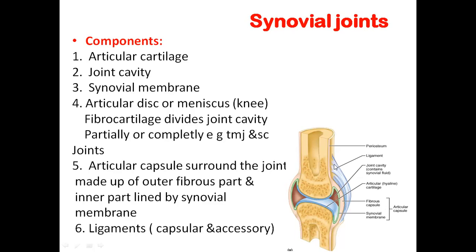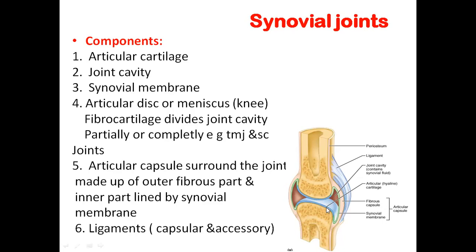So, this is the joint. The components mean the structures which are present in the synovial joint. So typically the synovial joint has articular cartilage. What is articular cartilage? The structure which is blue in color and present at the articular ends, this one of one bone and this part of the other bone. This is called the articular cartilage.